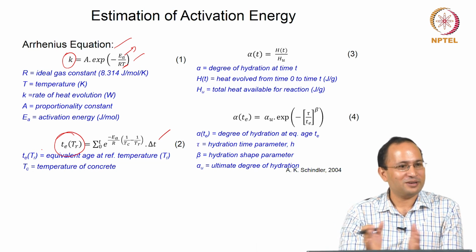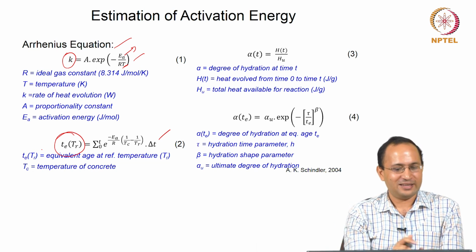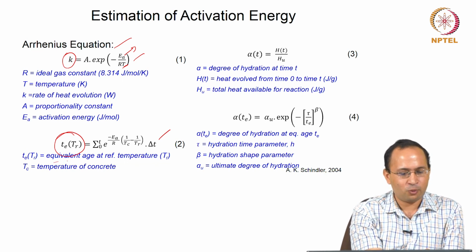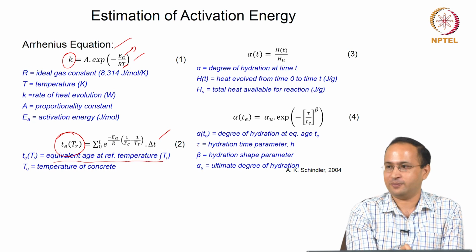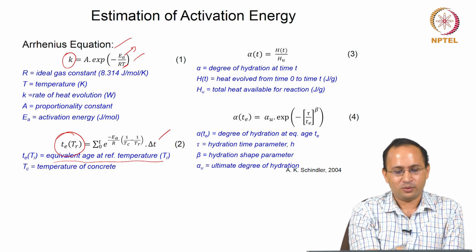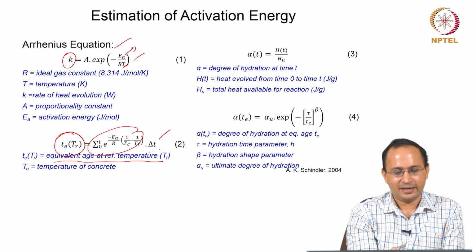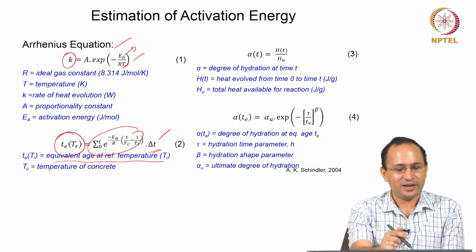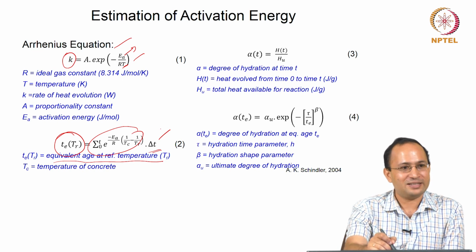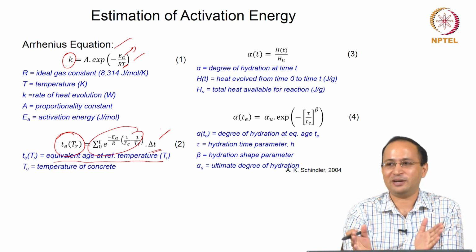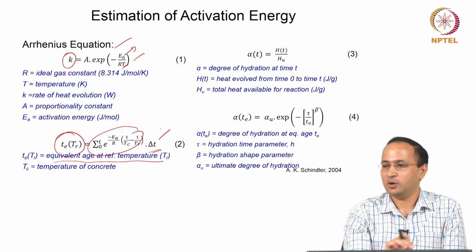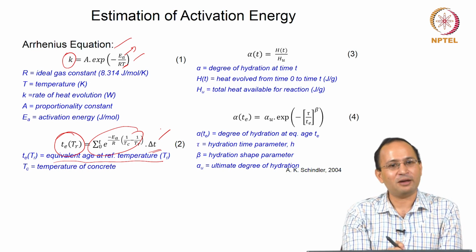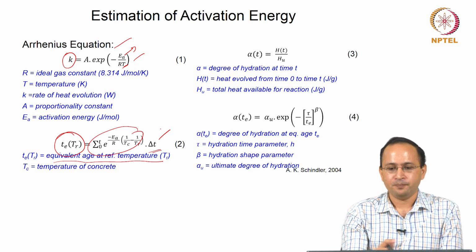How do you relate these? This relationship can be used to, so see, TETR basically is the equivalent age at reference temperature equals to this times delta T, right. Again, it is nothing but you are using this rate relationship at two different temperatures and using that to calculate the equivalent age, because the temperature will affect the rate, right.